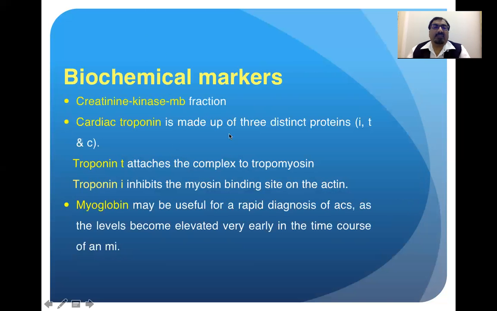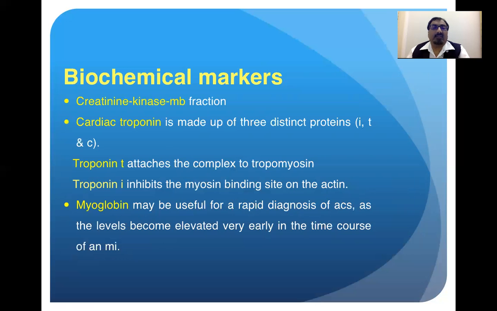Biochemical markers which are commonly used, there are different types. Creatine kinase or MB fraction, which is commonly used here, and cardiac troponin is another which is highly sensitive and highly specific, up to 98%. So these are the enzymes which are used. In earlier days we were also using myoglobin, which is used for rapid diagnosis of acute coronary syndrome, as levels become elevated very early in the time course of an acute MI.